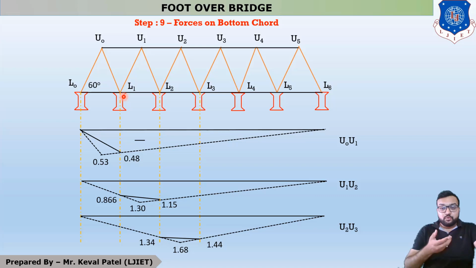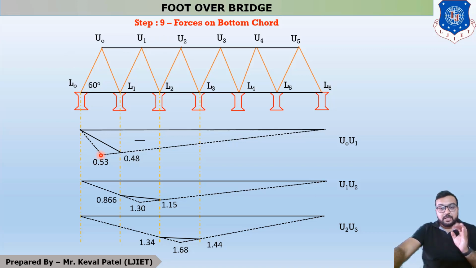Now, at which point is the force maximum? As discussed in our last lecture, the opposite end of L0 L1 is U0. So at point U0 the force is maximum.